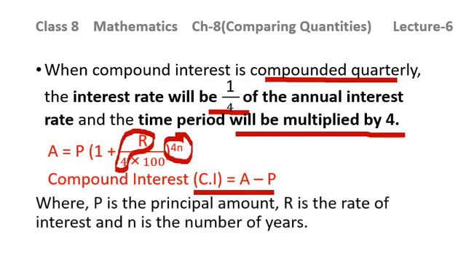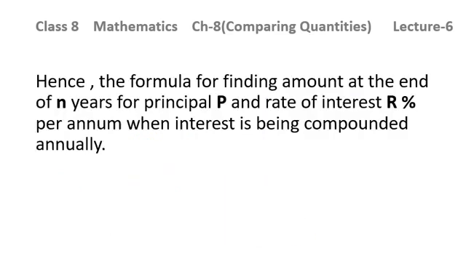So in this formula, amount is given by P into 1 plus R over 4 into 100, that is R over 400, raised to the power 4n, and compound interest is given by amount minus principal, where P is the principal amount, R is the rate of interest and N is the number of years given to you in the question.